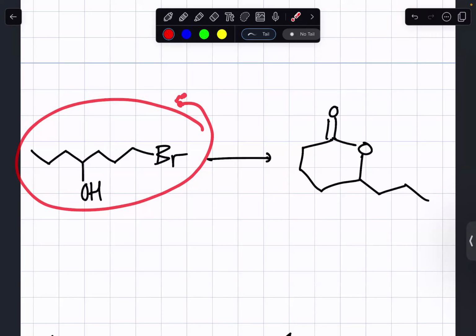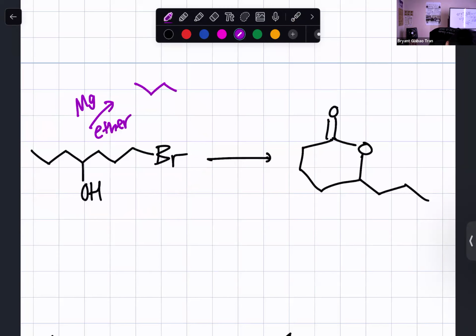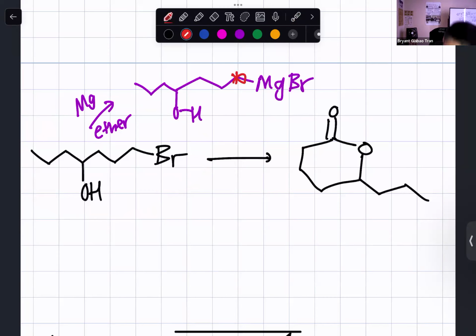Organometallic. Yeah, so organometallic is going to be a strong base, strong nucleophile. If we were to do a Grignard, like Mg ether, to create this Grignard reagent right here, that carbon is a very strong base, very strong nucleophile.